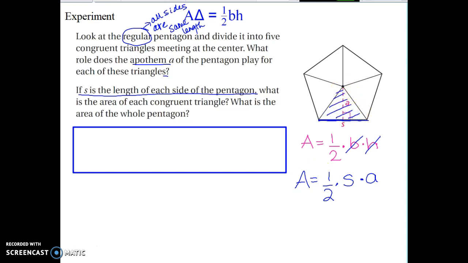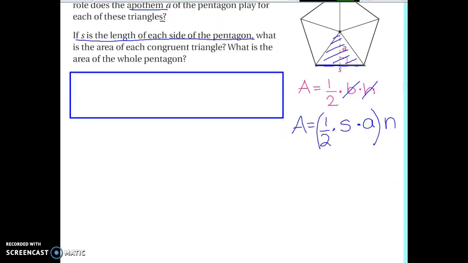But to find the area of the whole polygon, we need to multiply by n, which represents the number of sides. So this leads us to the formula for area of a regular polygon.